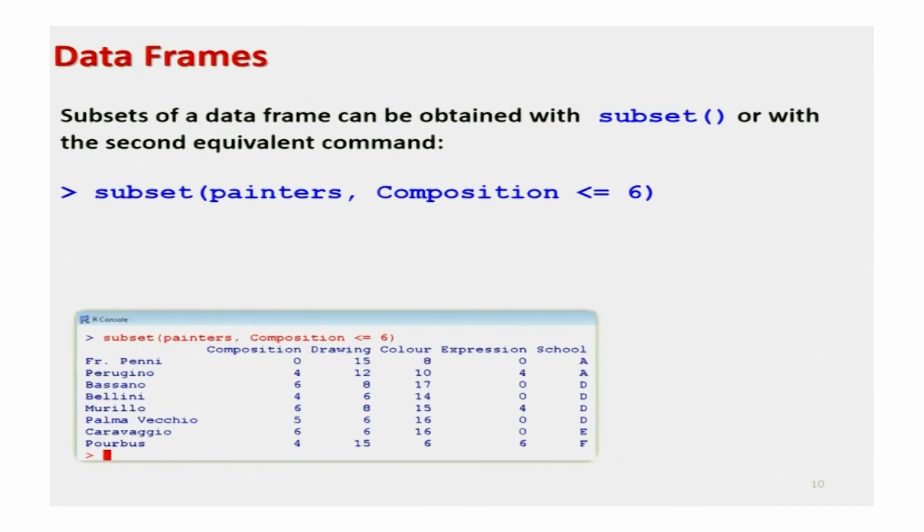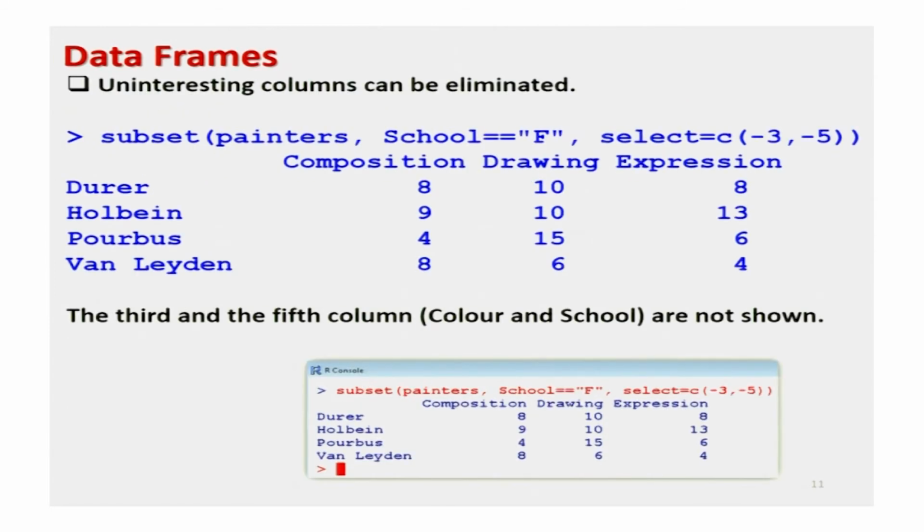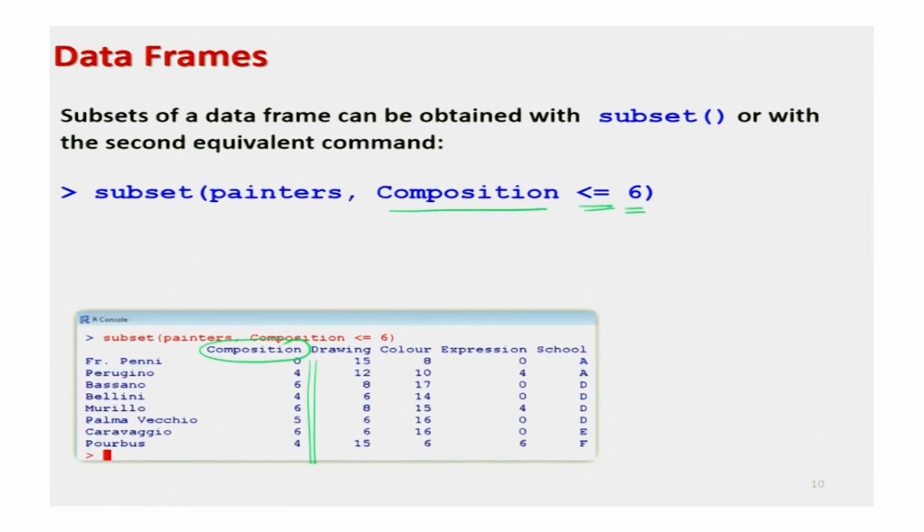Similarly, if you want a subset of those painters whose composition values are less than or equal to 6, you can see this is your composition variable, and all those painters whose composition values are smaller than or equal to 6 will be reported here. So now you can extract different types of data sets.